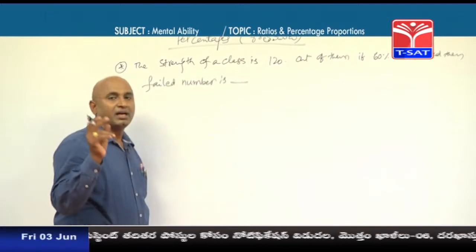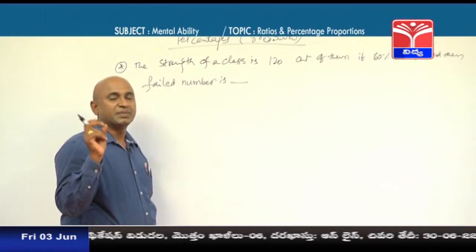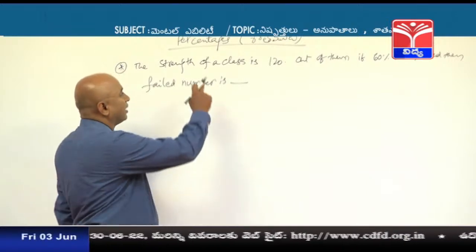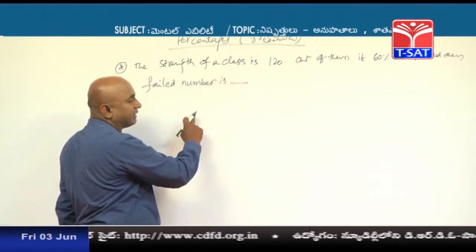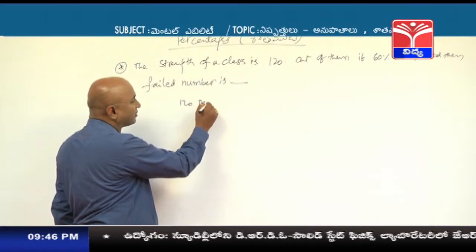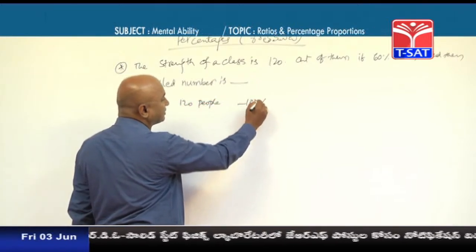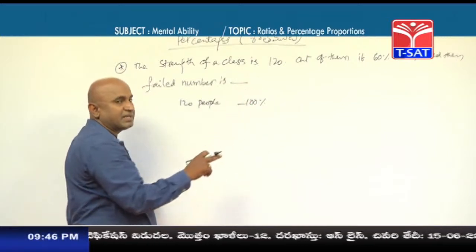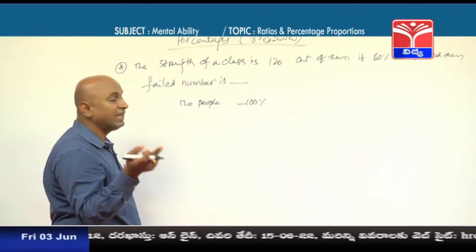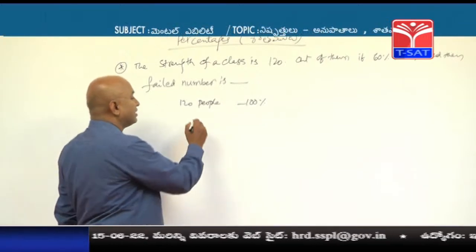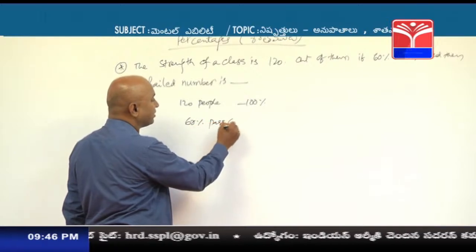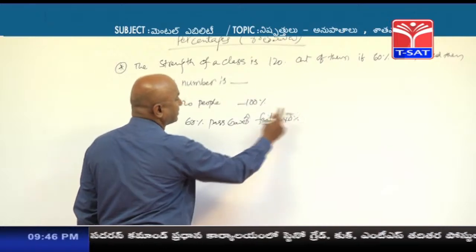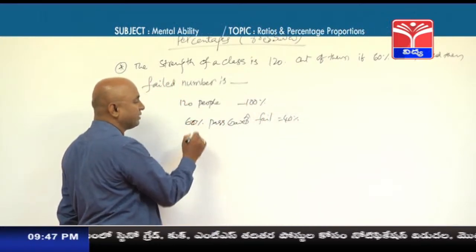In any data, the entire data is equal to 100%. ఏదైనా ఒక దత్తాంశం ఉందంటే దాన్ని మనం 100%గా పరిగణించాలి. స్ట్రెంగ్త్ వచ్చి 120. సో 120 పీపుల్ ఆర్ ఈక్వల్ టు 100%. 60% మంది మాత్రం పాస్ అయ్యారు. అయితే ఫెయిల్ అయిన విద్యార్థుల సంఖ్య ఎంత అంటున్నారు. 60% పాస్ అయితే ఫెయిల్ ఈజ్ ఈక్వల్ టు 40%. 100 minus 60 is equal to 40%.